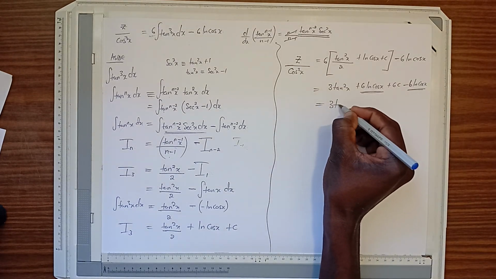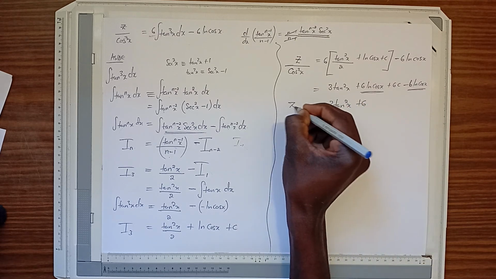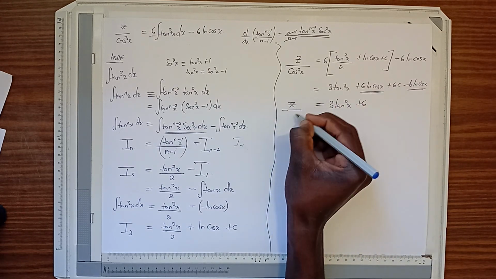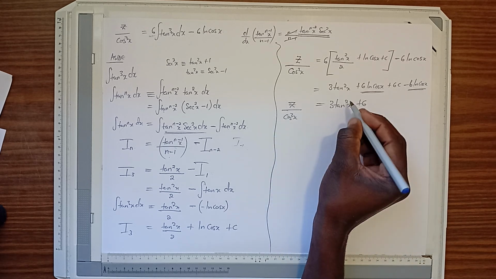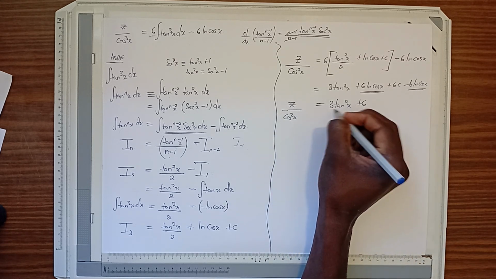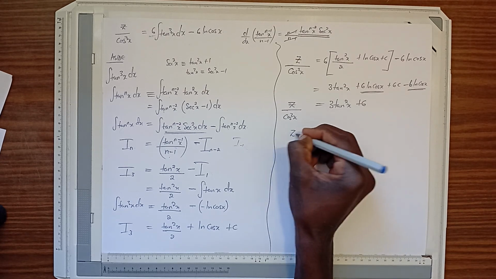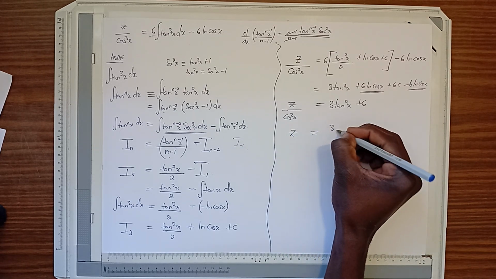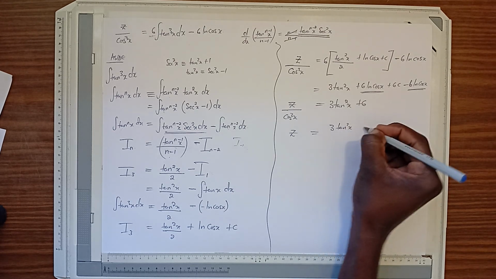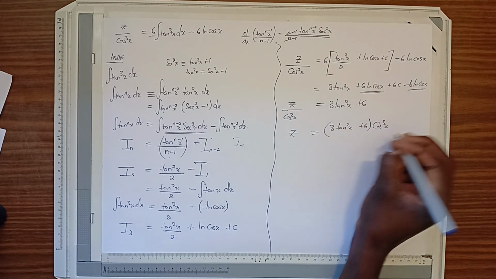And we are left with 3 tan squared of x plus 6c is equal to z over cos cubed of x. Then we multiply both sides by cos cubed of x. We are left with z is equal to 3 tan squared of x plus 6c multiplied by cos cubed of x.